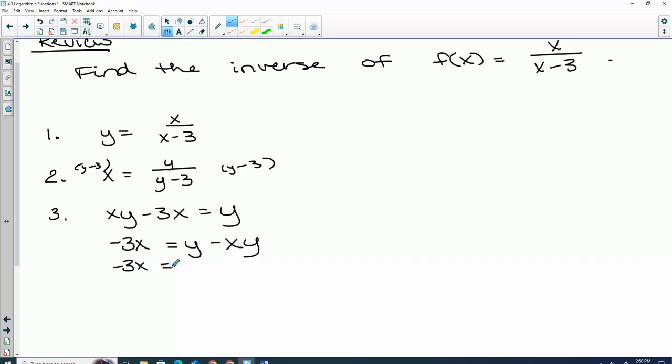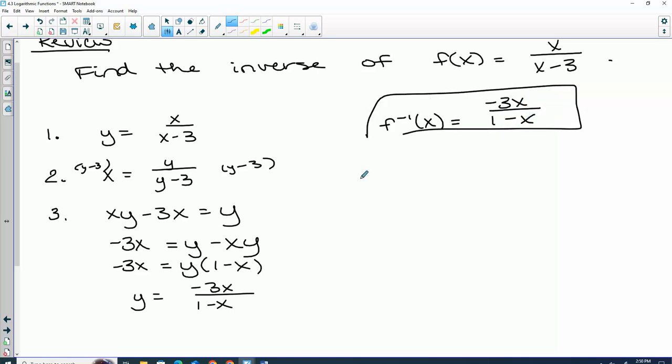GCF, we can take out the y. So y divided by y is 1 minus x. And we divide. So y is negative 3x over 1 minus x. Final step, instead of y, we write inverse of x.